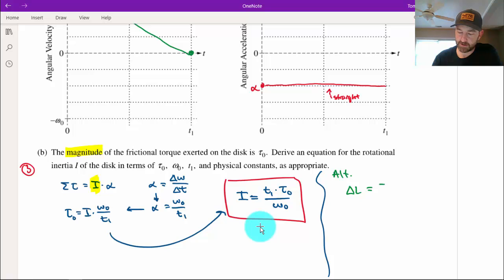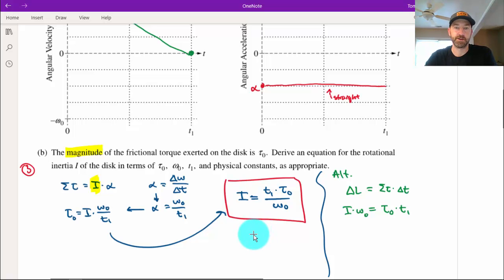So in this case, we'd have torque multiplied by some delta t would be equal to the change in angular momentum, which you could say would be I times delta omega, and then you'd have the tau naught and the t1, and you could work it out that way too. But most people, that probably wouldn't be the first thing that jumps to their head. Okay, onward. Let's see what happens next.